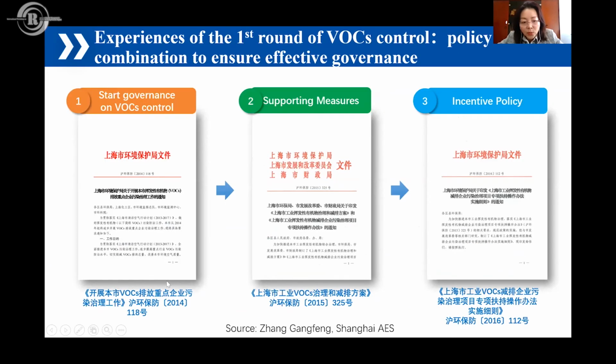All these actions were implemented and led by the Shanghai Environmental Protection Bureau. Right now, this is called the Ecological Bureau in Shanghai.